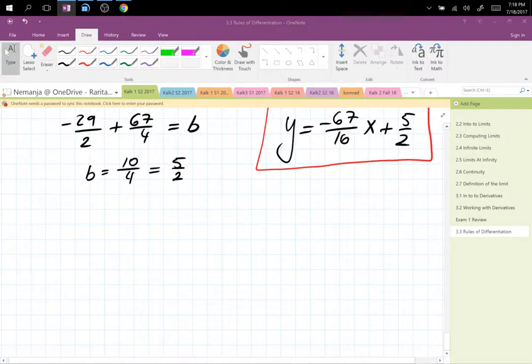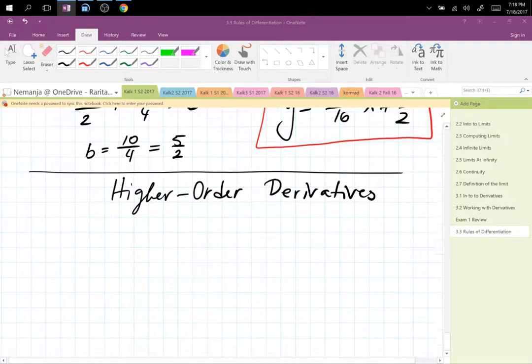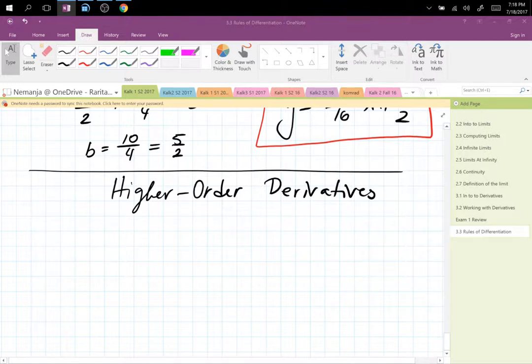The last part is the higher order derivatives. What we did so far is the first derivative. You can also understand the function as the 0th derivative if you want to. You have the second and the third and the fourth and the fifth and the 105th derivative if you want to.